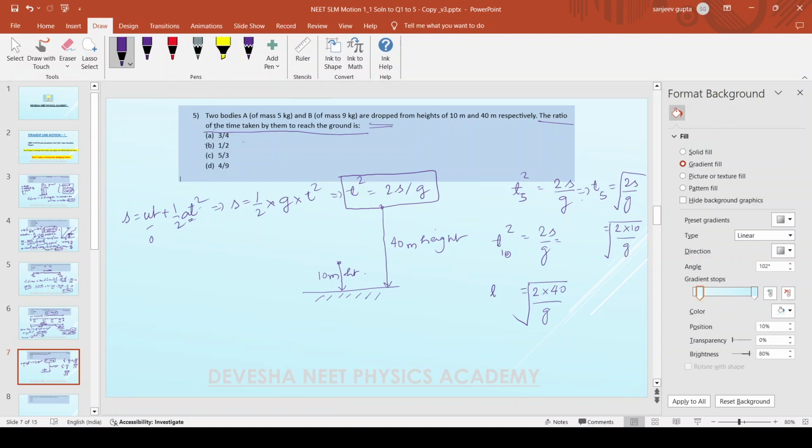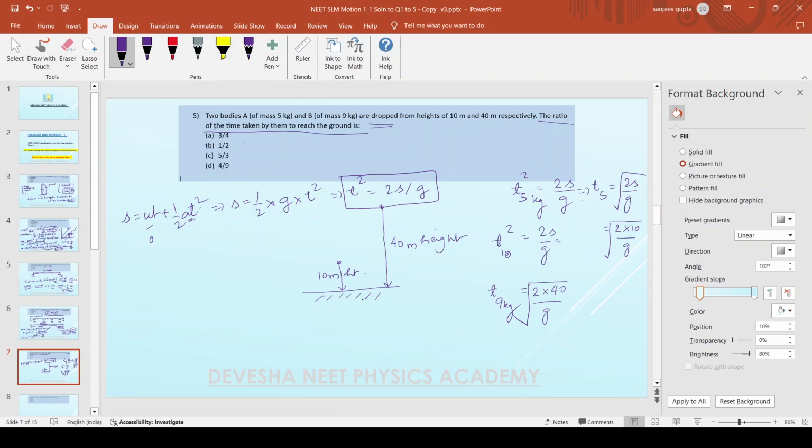This is the time taken for the body dropped from a height of 40 meters, and this is for the 10 meters height. This is the body of 5 kg, this is the body of 9 kg.